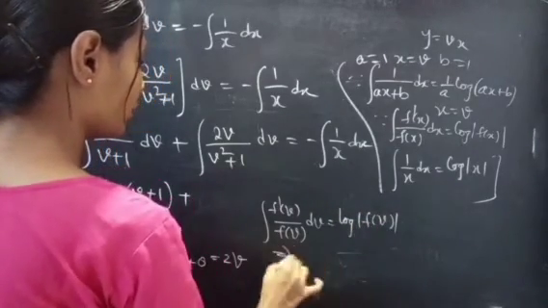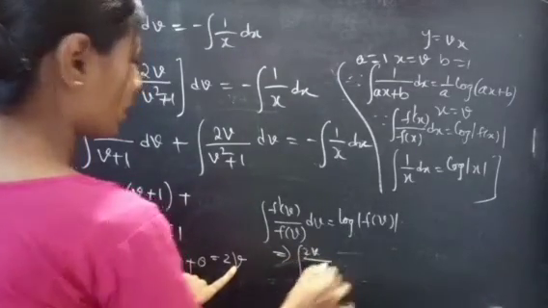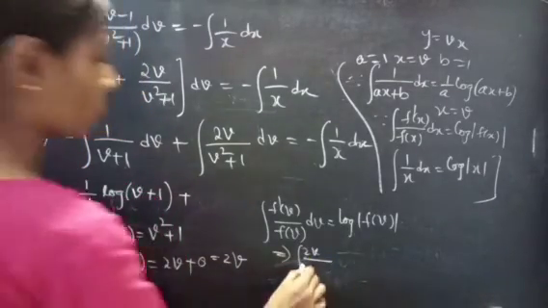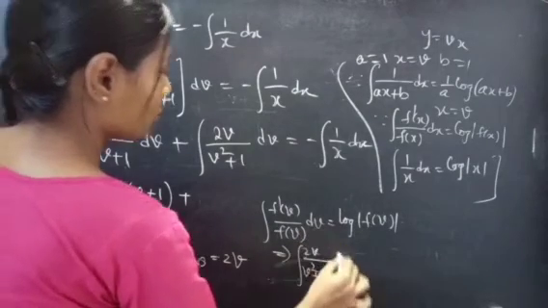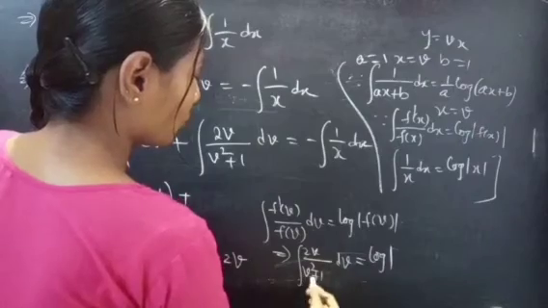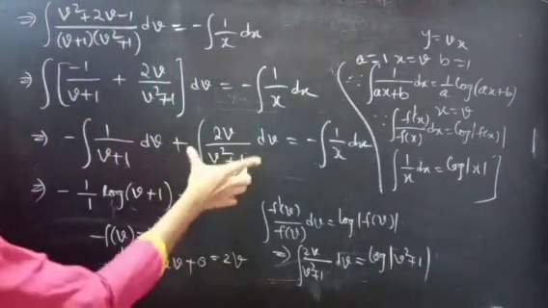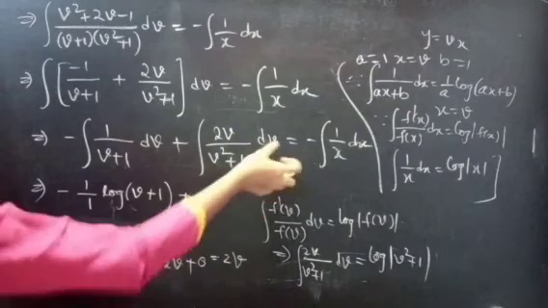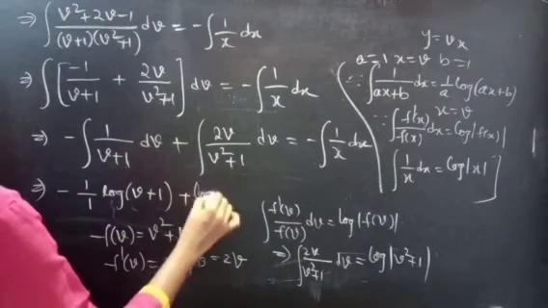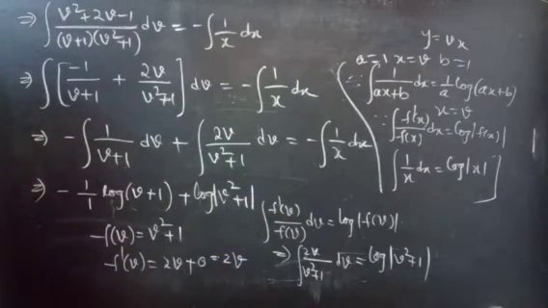Then the integral of 2v by v square plus 1 into dv equals log mod f of v, for f of v equals v square plus 1. So the integral of 2v by v square plus 1 into dv is log mod v square plus 1.